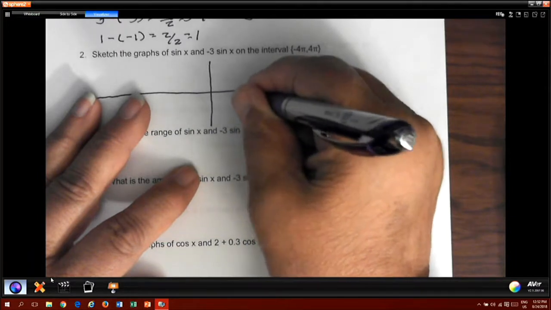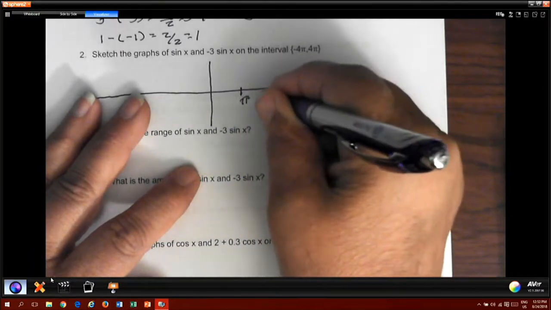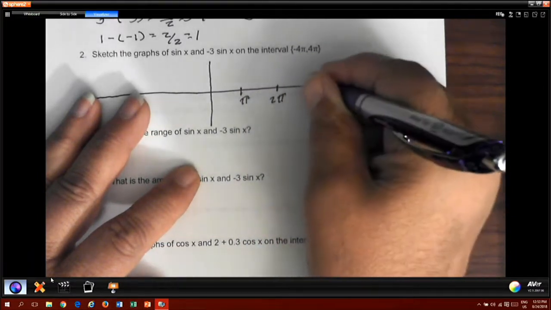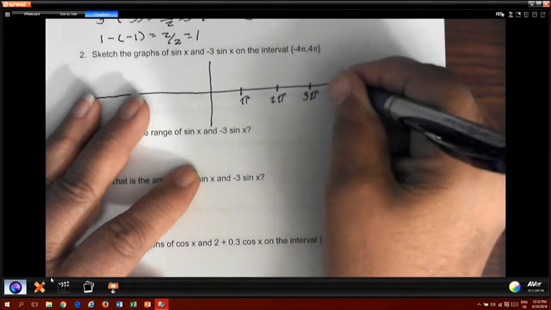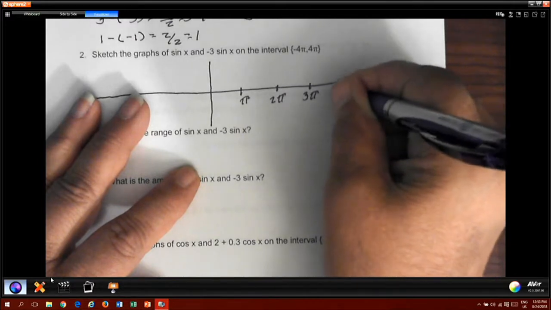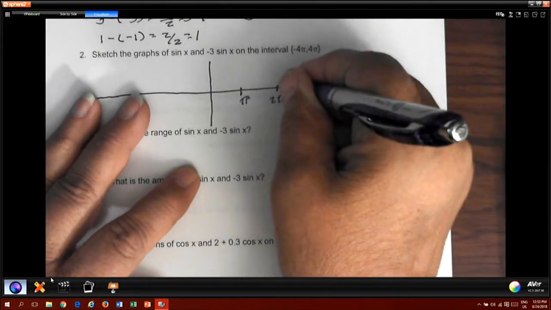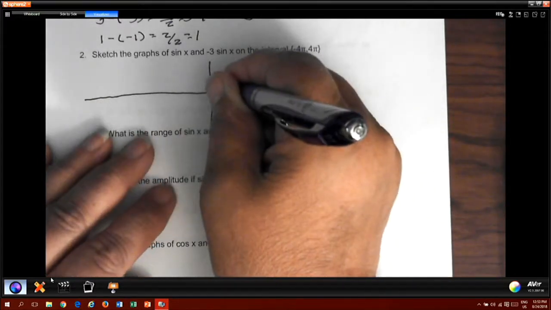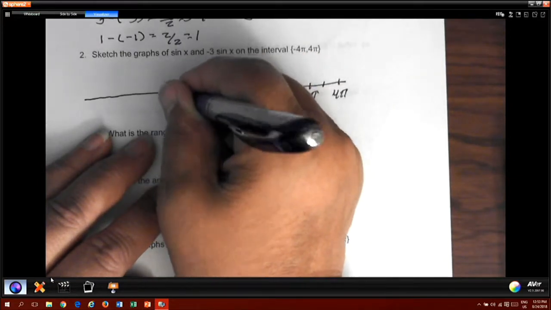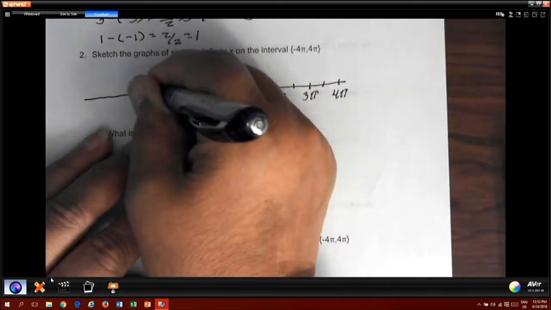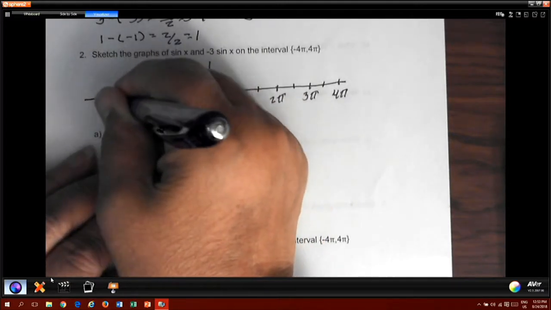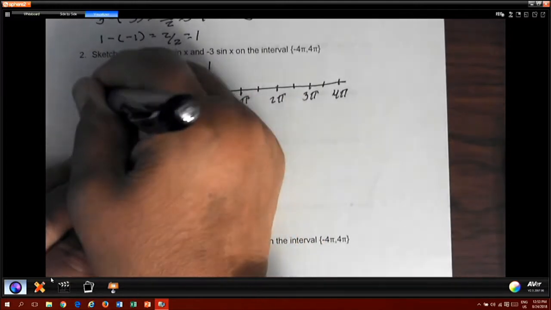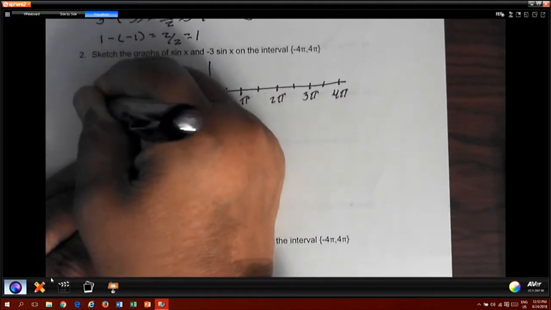So here's pi, 2 pi, 3 pi, 4 pi. And then negative pi, negative 2 pi, negative 3 pi, negative 4 pi.